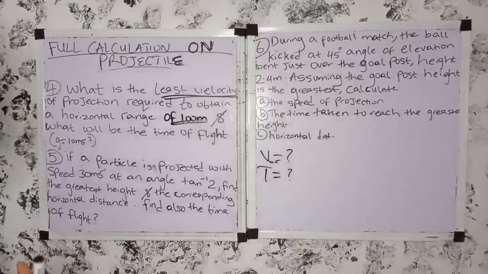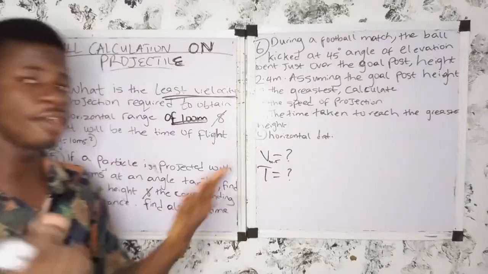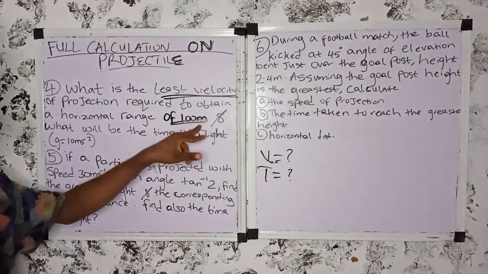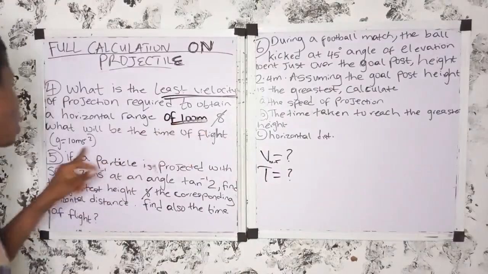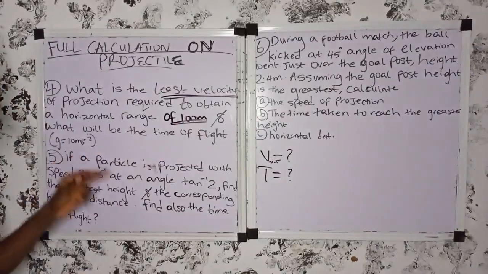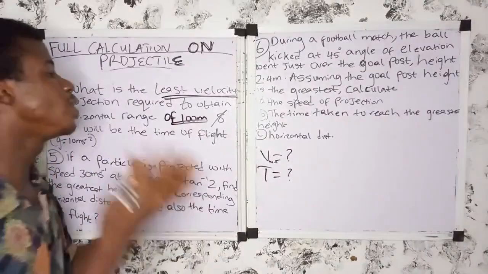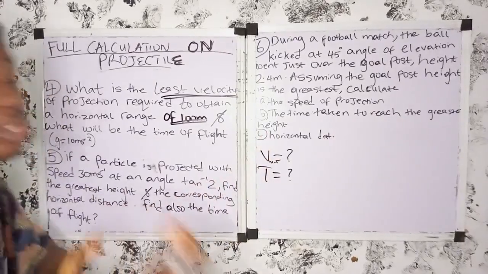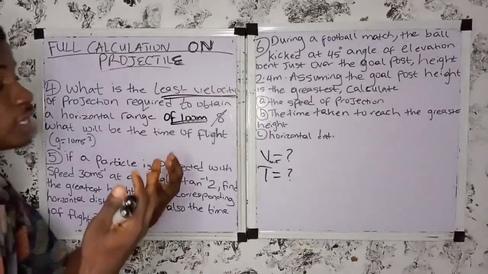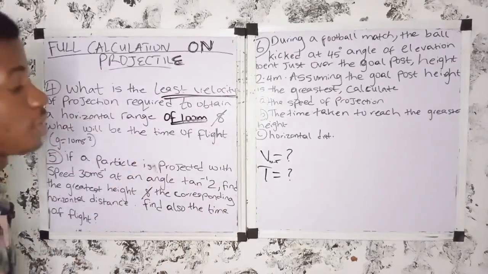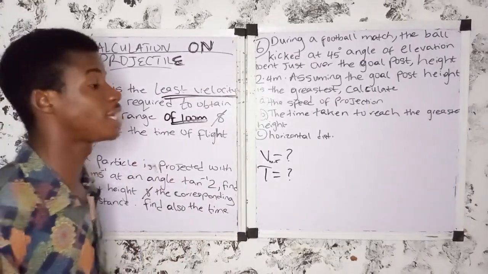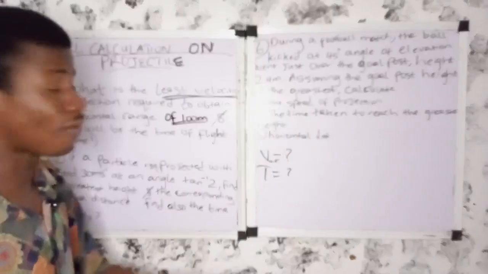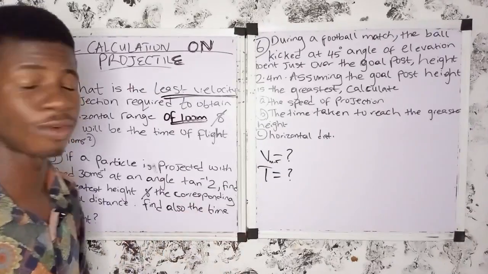Now in this question, they gave us range to be 100 meter, and they gave us g. So which formula are we going to use to solve for the velocity? We are going to use the formula of range. Remember in the previous class video, I gave you guys about 3 or 4 formulas for range.